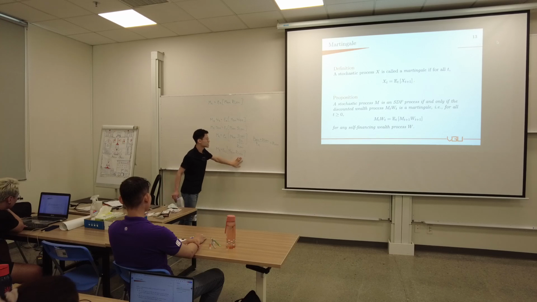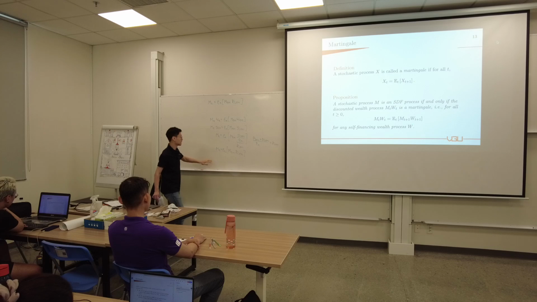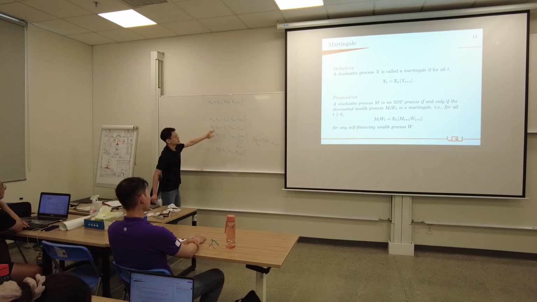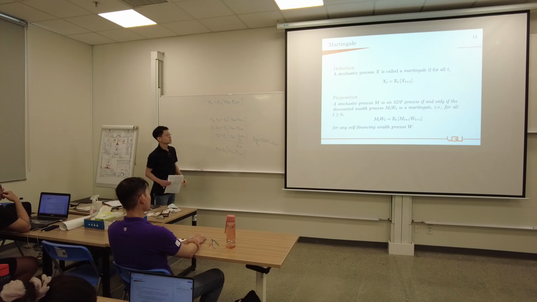And it is true for any I, because for any asset, this SIT is a self-financing wealth process. Okay, so this is the definition of SDF process. So we can derive from this equation the definition of SDF process. So we have finished the proof.